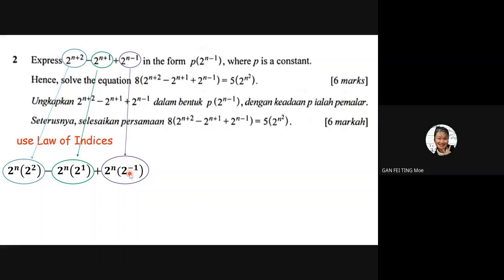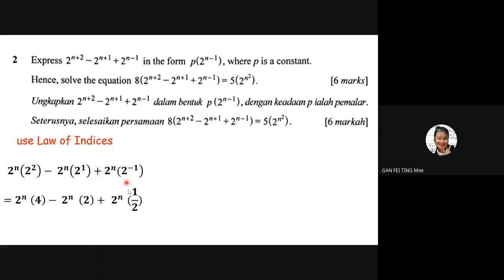If you want to write this one as division, divided by 2 is the same. Now I simplify. 2 to the power of 2 is 4, 2 to the power of 1 is 2, and 2 to the power of negative 1 is 1 over 2. There you can see this.